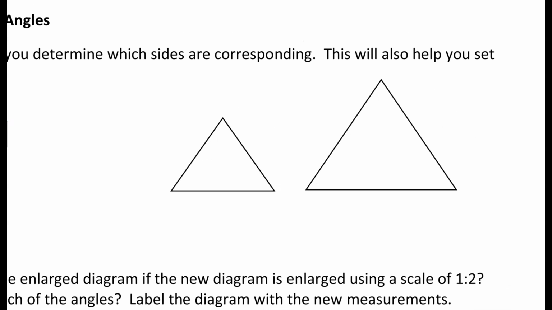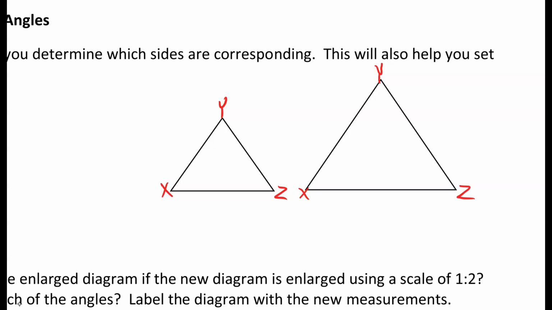If we were looking at this triangle here and labeling it for the sides, we would have X, Y, and Z, and then we'd have X, Y, and Z.